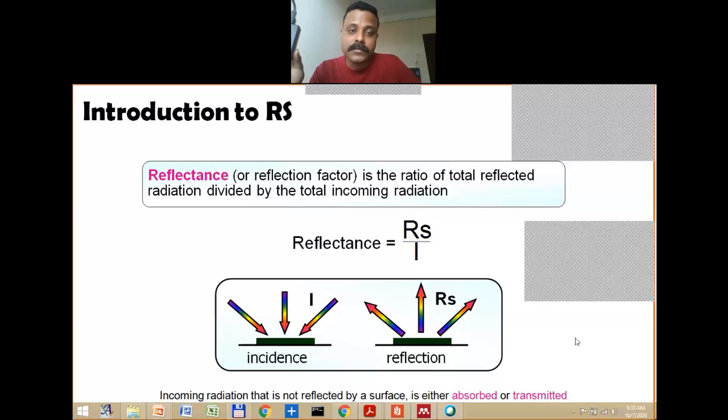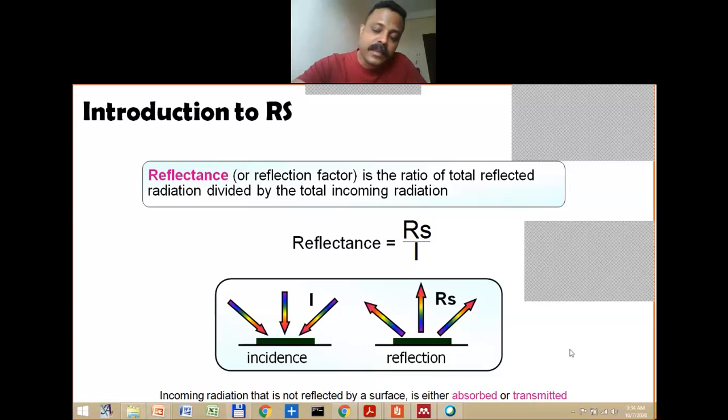What color do we see? Do you have this idea? Normally, if you see something in black color, it means most of the incident energy is being absorbed by the particular material. Very little is being reflected.